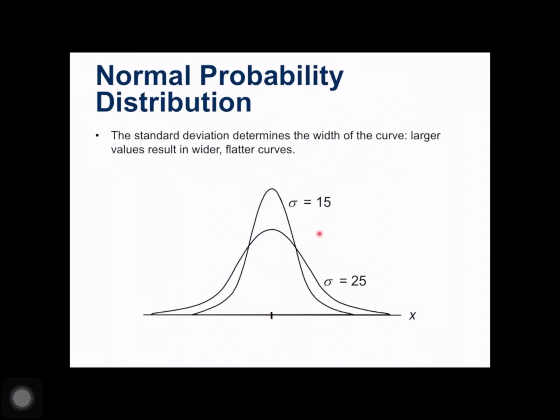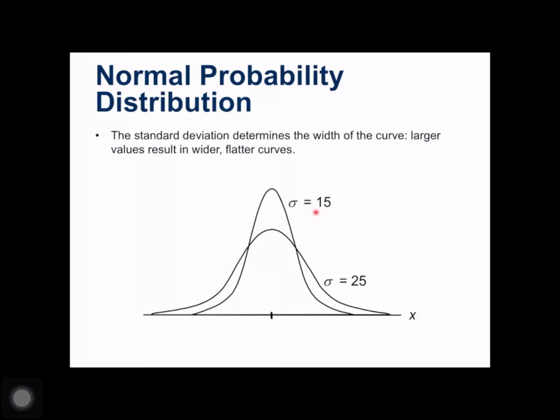One of the properties of the normal probability distribution is that while the shape of it is the same, with the measure of central tendency being here in the center, and the highest point of the frequency distribution being in the middle, the shape of it will also be affected by the variance and standard deviation.